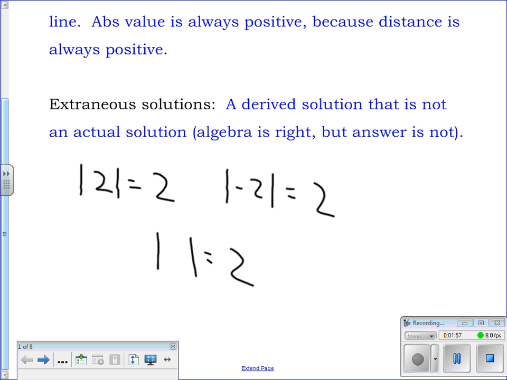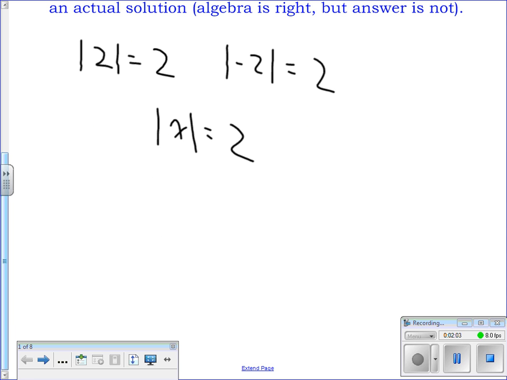This is the key to setting the problem up. Whatever's inside the absolute value, it is equal to 2 or equal to -2. There are 2 possibilities for what's inside the absolute value, equal to the object and equal to the opposite of that object. That is the key to doing absolute value problems.